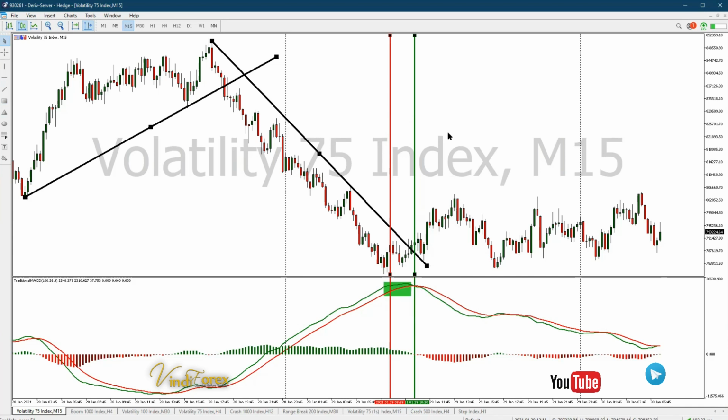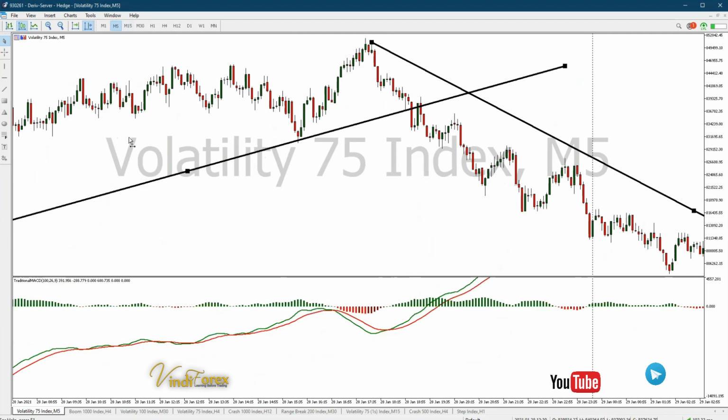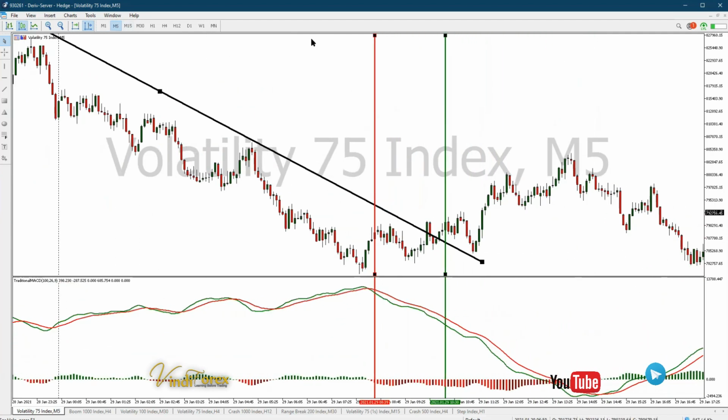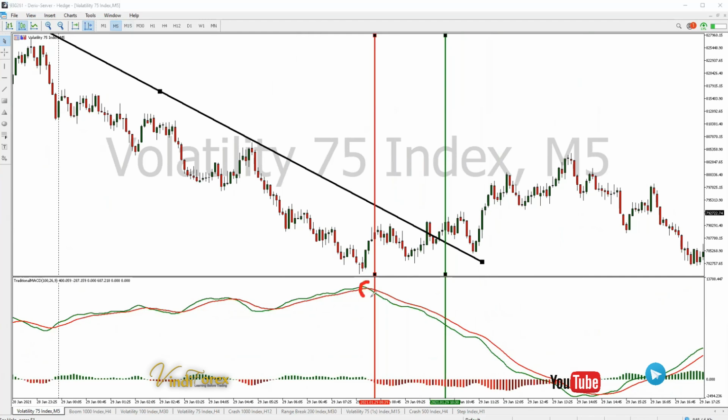That is why I said for this M15, you are identifying a trend and identifying your overbought, oversold, or your extreme highs. But the crossover, you're going to look for it on a different time frame, and it must be before the trend line is broken. So you can see by randomly marking there, here's a crossover, but the trend line was not broken. Price was probably somewhere there and played around, but eventually it broke out.